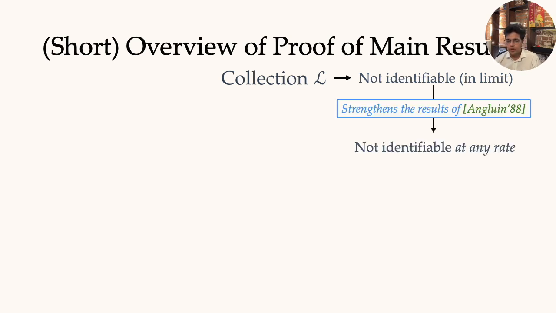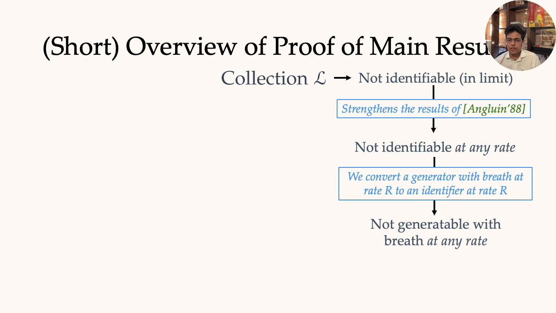Here, we first show that if a collection is not identifiable in the limit, then it's not identifiable in the statistical setting at any rate R. This is the key technical part of our result, and it strengthens the results of Angluin. Then we show how to convert a generator which achieves breadth at rate R into an identifier which has rate R. This then is sufficient to conclude that because the collection L is not identifiable at any rate, we must not be able to generate it with breadth at any rate.